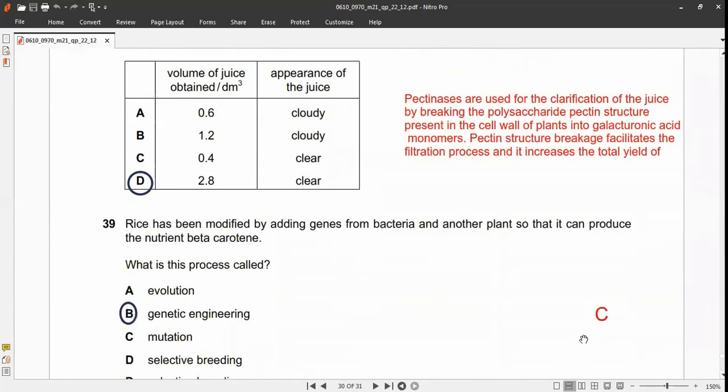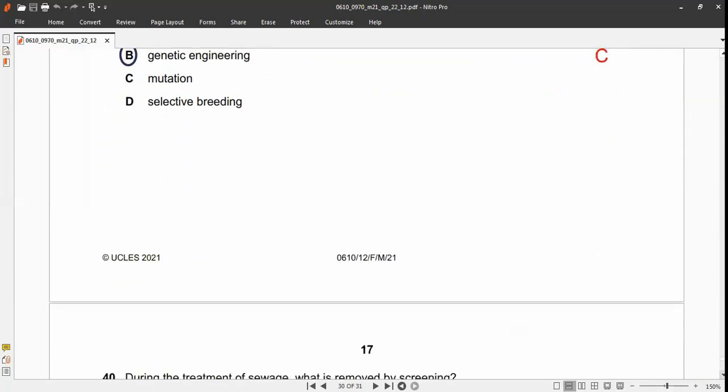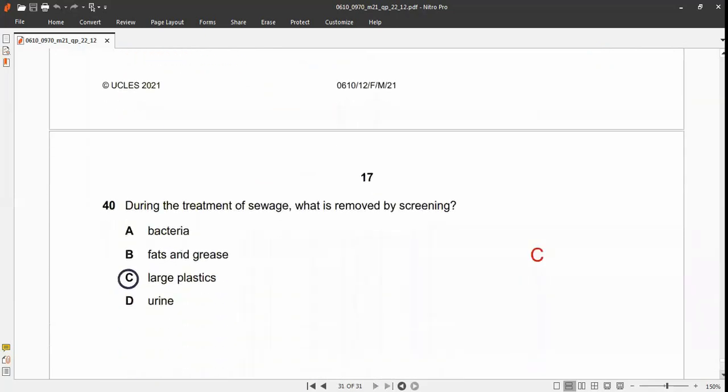Rice has been modified by adding genes from bacteria and another plant so that it can produce the nutrient beta carotene. What is the process called? Yes, this is called genetic engineering. During the treatment of sewage, what is removed by screening?